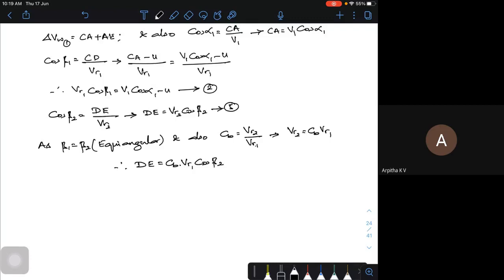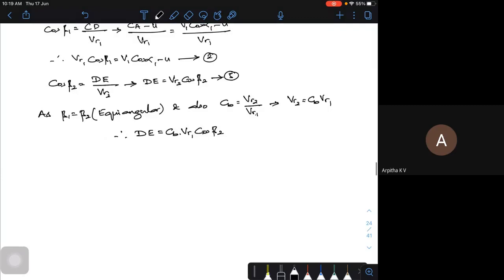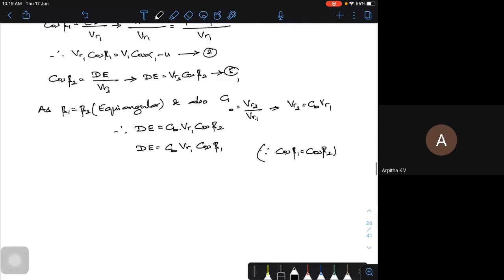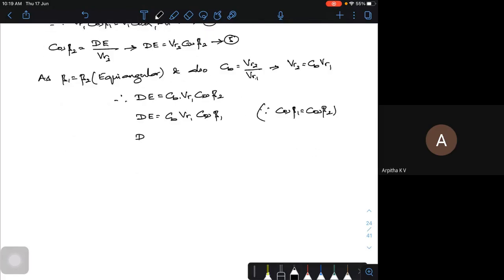Now cos beta 1 is equal to cos beta 2 due to equiangular, so DE is equal to CB into VR1 into cos beta 1. What is VR1 cos beta 1? It is V1 cos alpha 1 minus U. Therefore DE is equal to CB into V1 cos alpha 1 minus U.